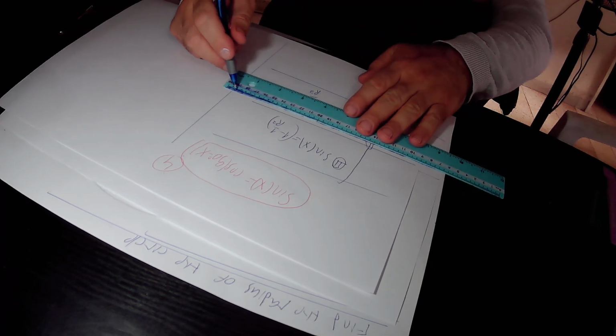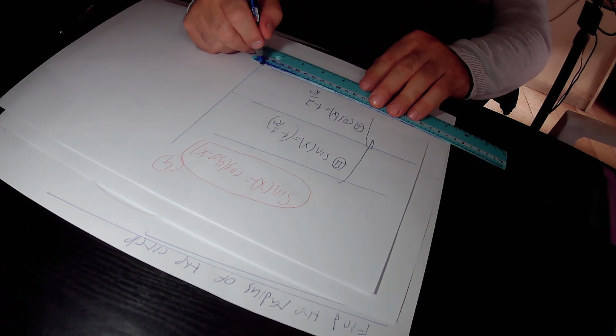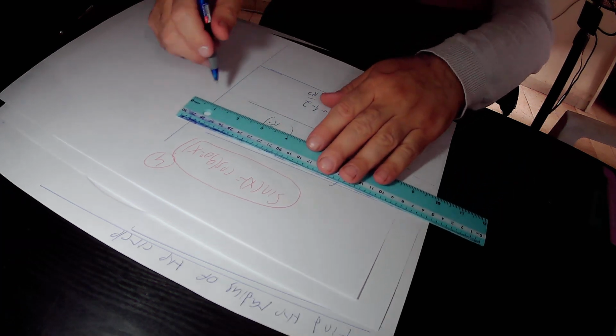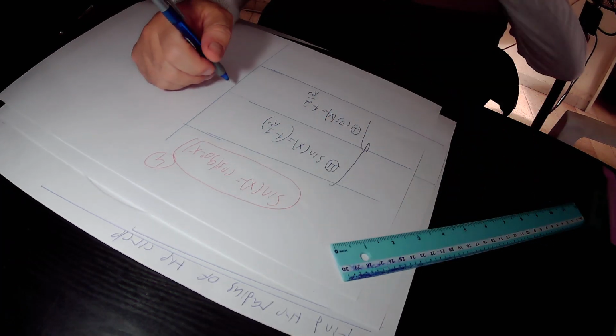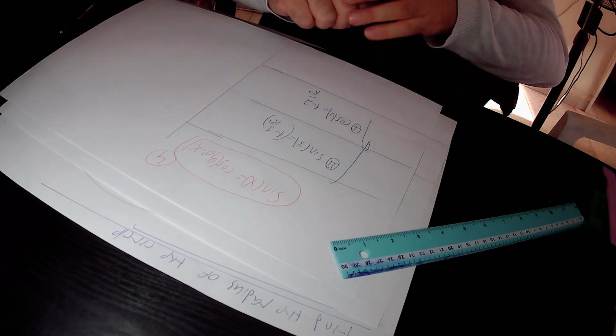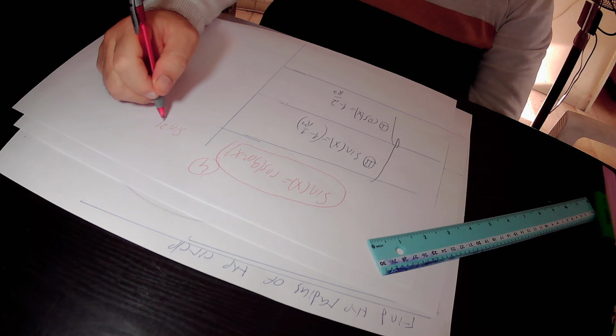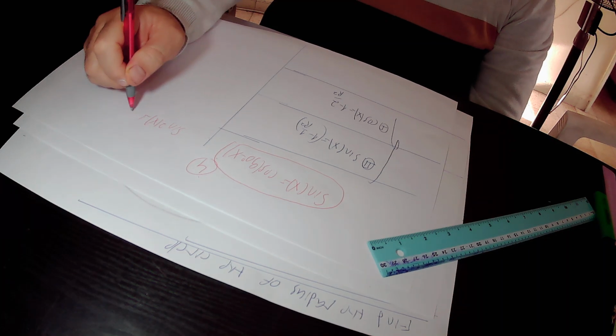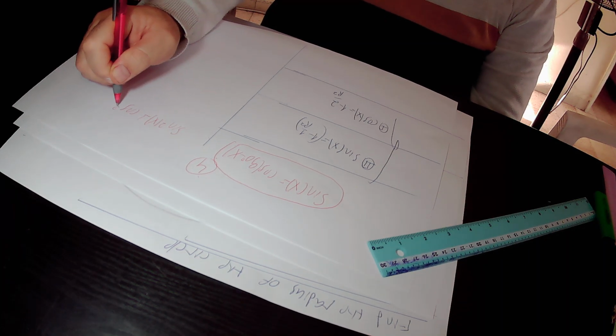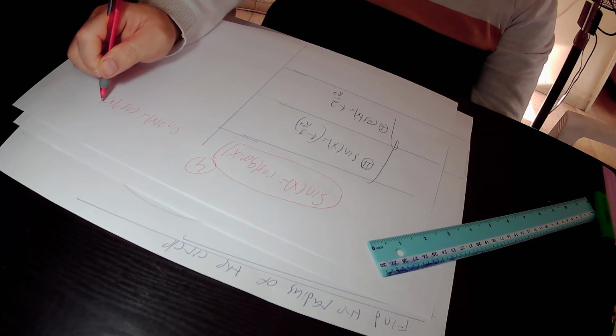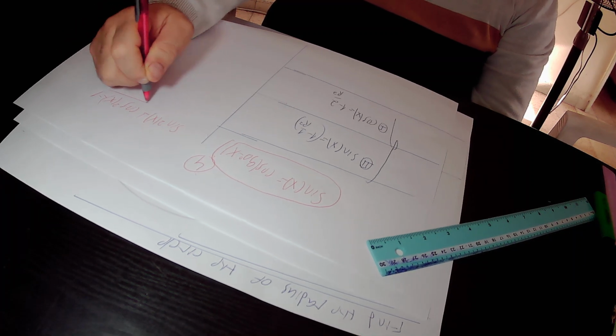Here we have the trigonometric identity. It states that sine squared x plus cosine squared x equals 1.